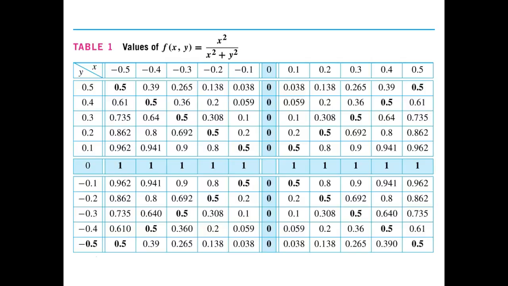Coming in this way, it looks to be 0. 1, 0, 0.5, 0.5, 0.5, 0.5. Obviously, there is no limit at the center. Okay? So this is a function that doesn't have continuity at the center at all. There is no limiting value there.